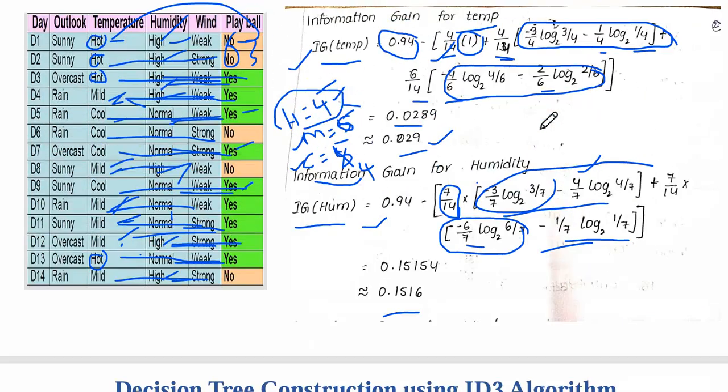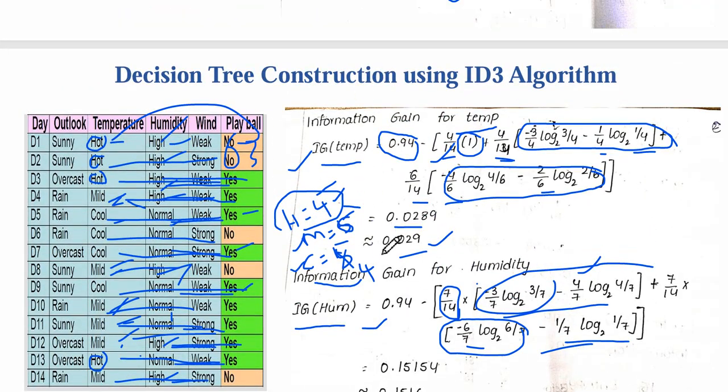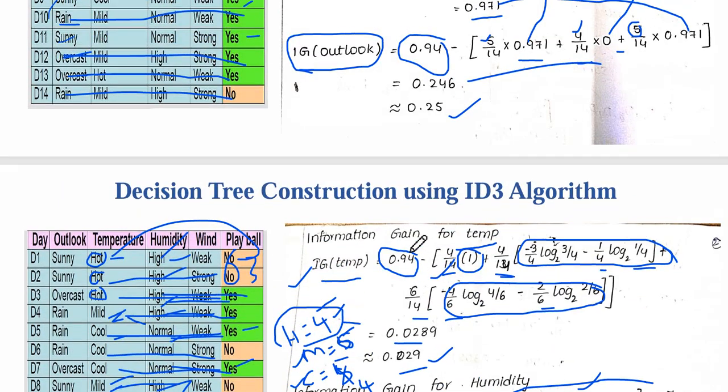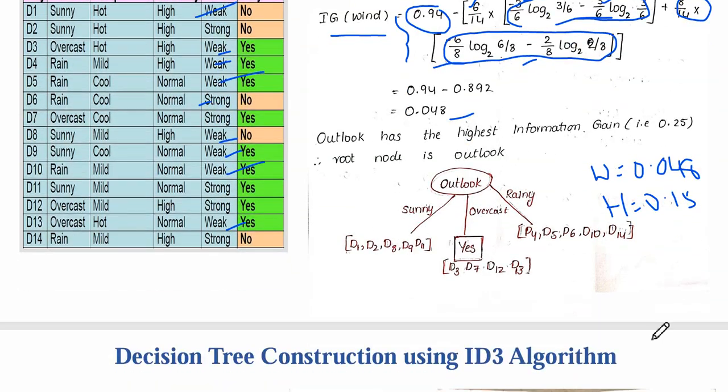Clear? Next, gain of temperature is 0.02, and gain of outlook equals 0.25. Hope you understood till now.